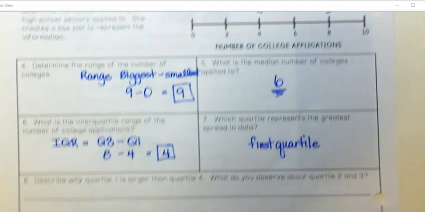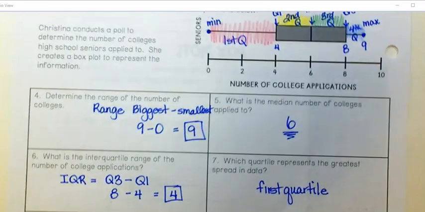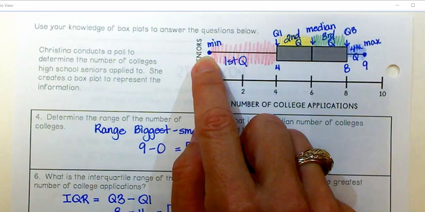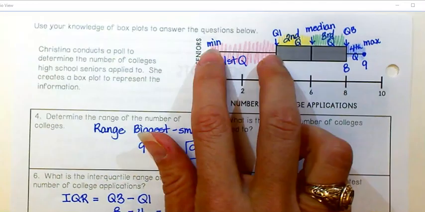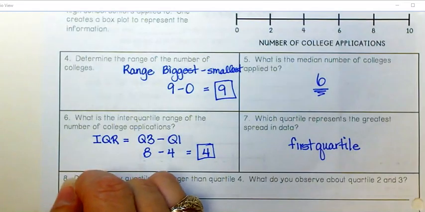Number 8, describe why quartile 1 is larger than quartile 4. Quartile 1 goes all the way from 0 to 4. And it covers more area, so I know that the data is more spread out.